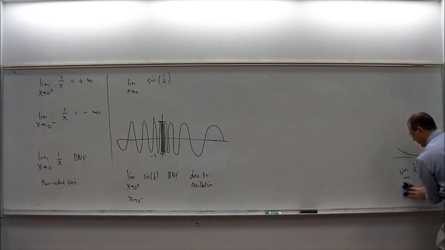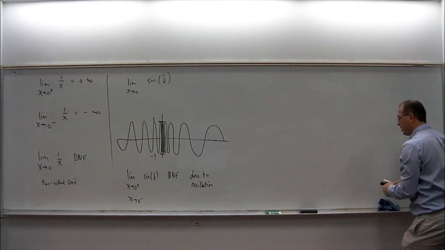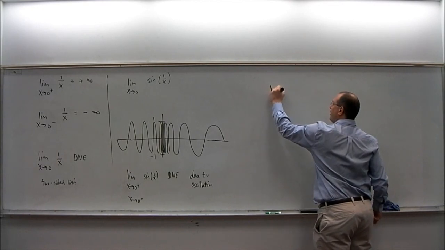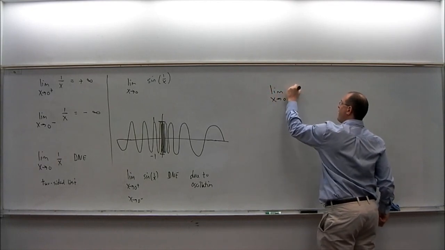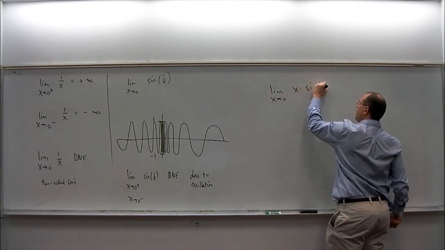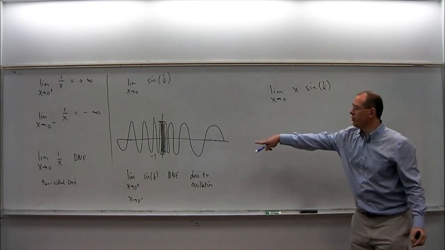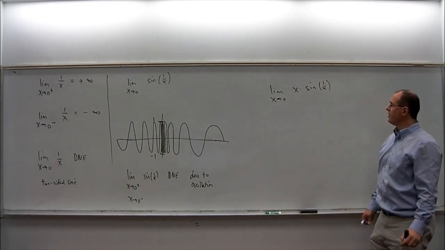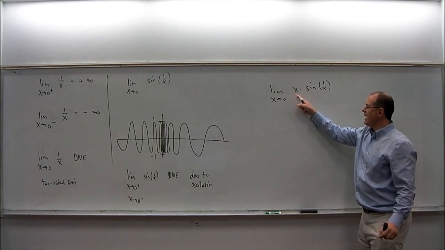The last one was the limit as x approaches 0 of x times the sine of 1 over x. So we just drew the graph of the sine of 1 over x. How does multiplying by x affect it?